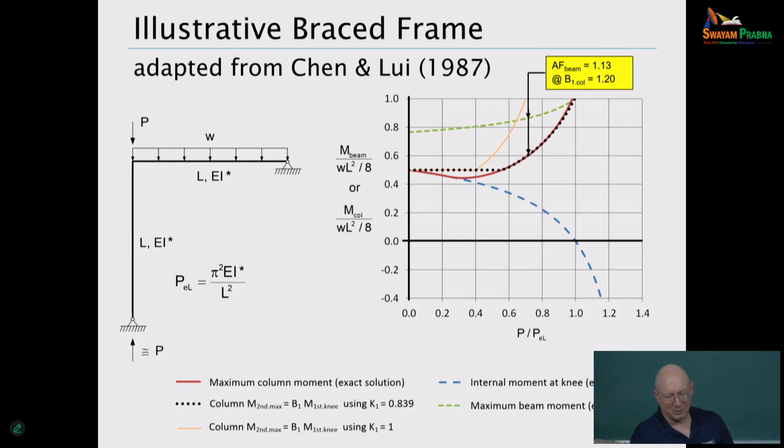The discussion is that if you are calculating a B1 on a column, and if it's larger than 1.2, you're advised don't use it. Go to a general purpose analysis to get your calculation. Now at B1 on the column of 1.2 in this particular idealized frame, you can basically see that the beam moments are already amplified by 13%.